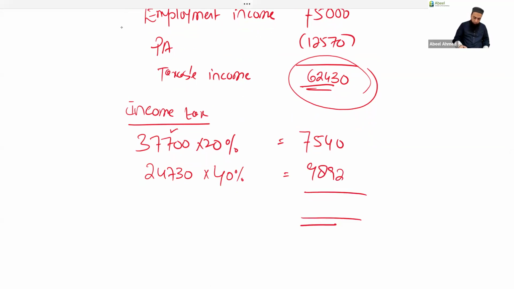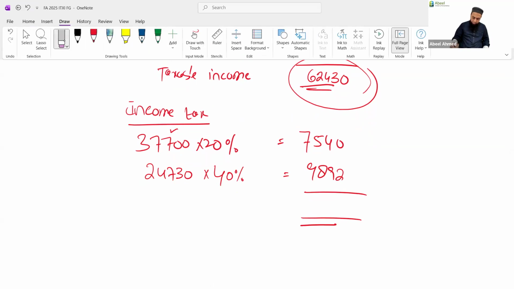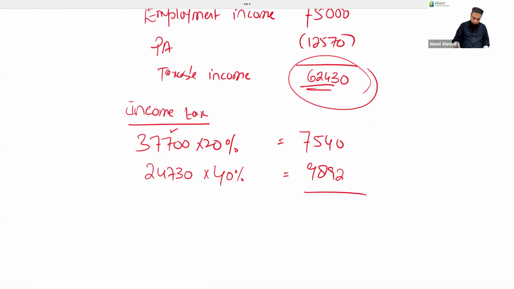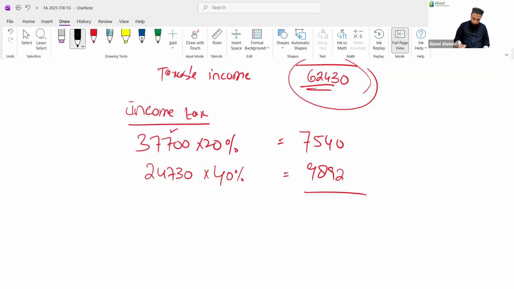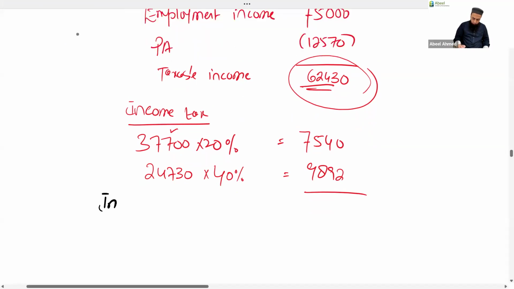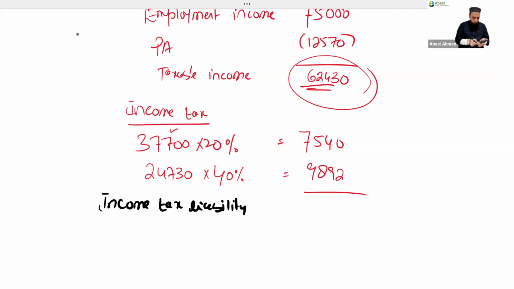Here comes your income tax liability. 7,540 plus 9,892. 17,432. Now listen carefully. Mr. Y is having income tax liability 17,432.